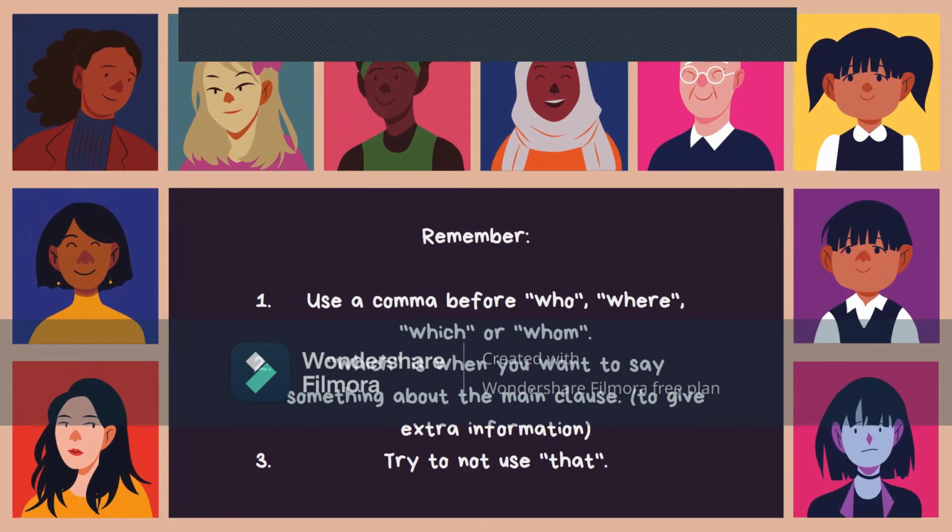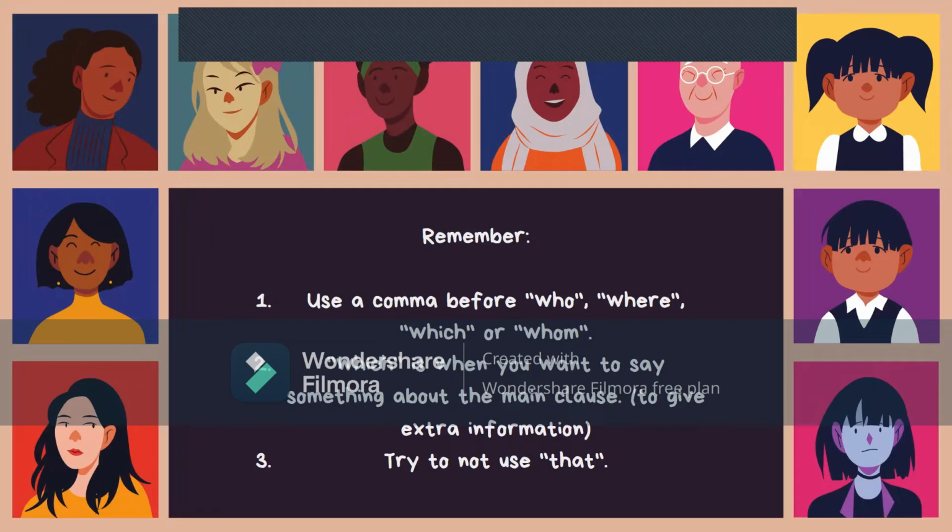Okay, and here we have a review of what we already saw. For example, the first rule is to use a comma before who, where, which, or whom. The second one is which, when you want to say something about the main clause or to give extra information about something. And number three, try not to use that.